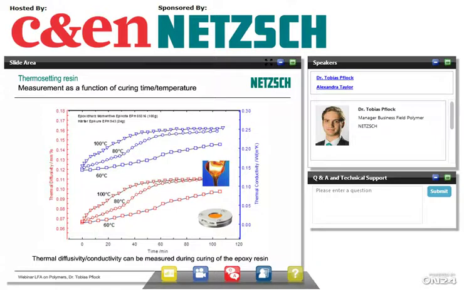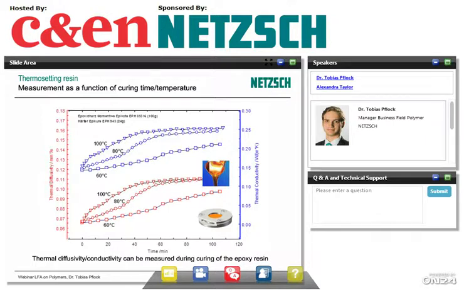So if we turn up the temperature, we measure at 60, 80, and 100 degrees. And if we turn up the temperature, well, we cure our sample, and we cure it faster and faster. So if we look at the 60 degrees, well, it takes quite a while as we wait for the sample to cure and our heat transport increases.